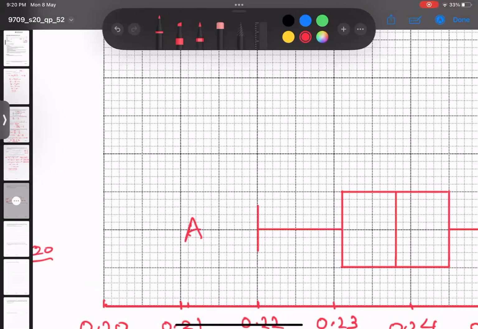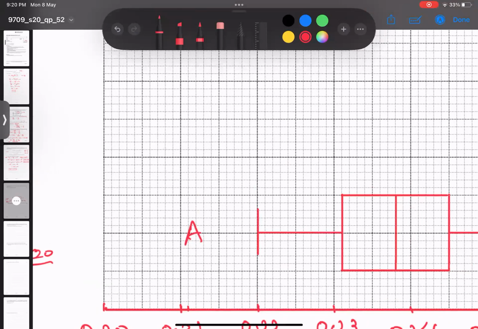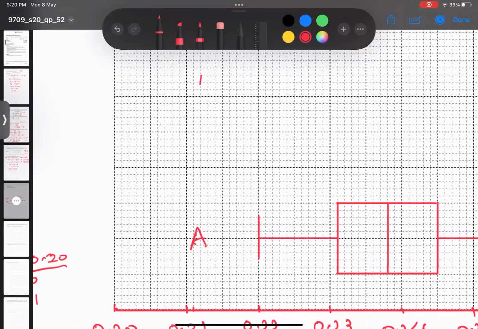Wait a minute, students. I think I will make it here. I make it again. No, sorry, one box back. All right, this I'm making for B now.